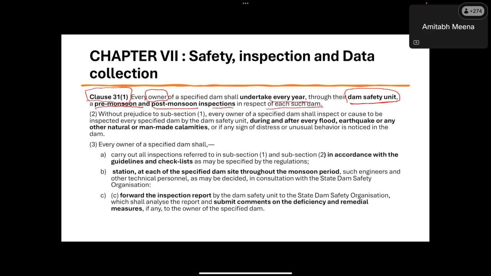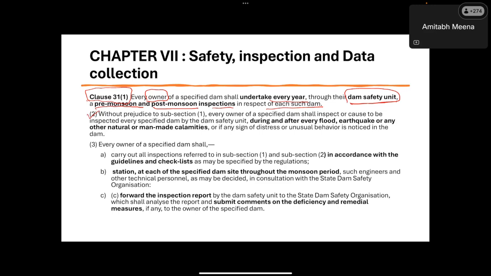Subsection 2 of section 31 also talks about special inspections. Every year we have to take two inspections, pre-monsoon and post-monsoon.